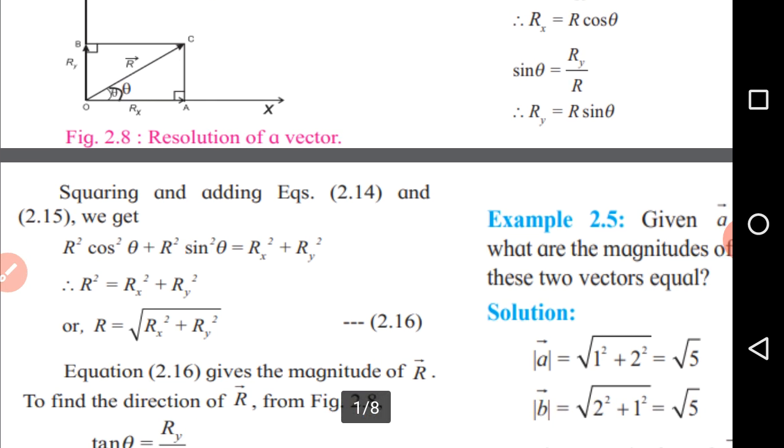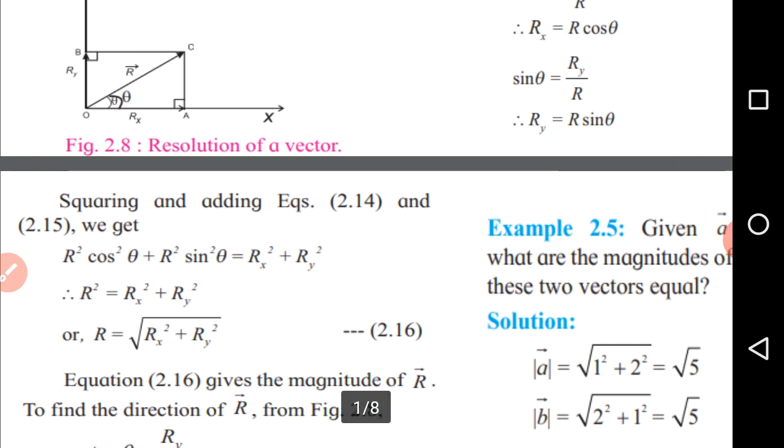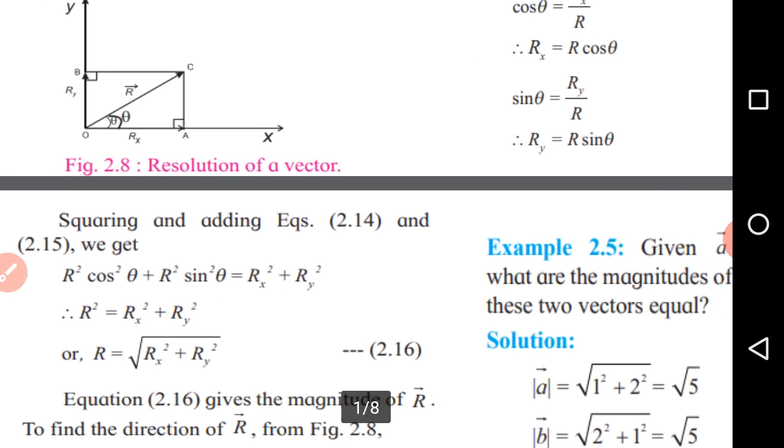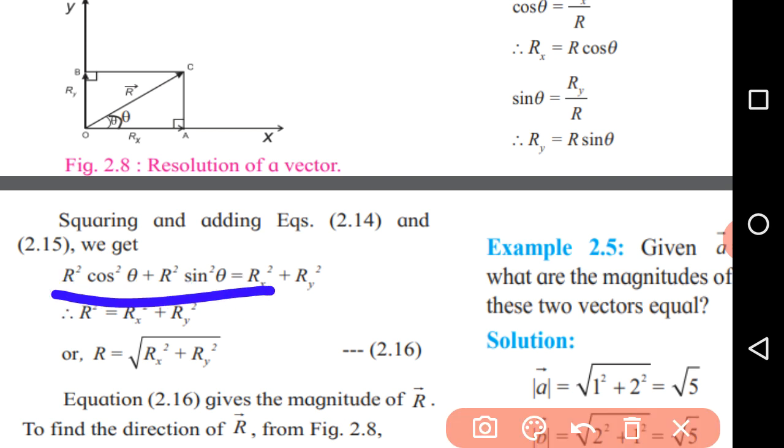Okay. Now if you square both equations, Rx square and Ry square, then you may write this as R square cos square theta plus R square sin square theta, and by taking R square common you get the equation R square is equal to Rx square plus Ry square.